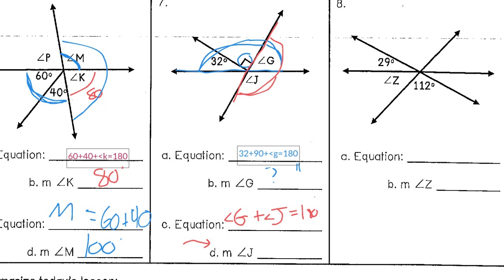Okay, similarly on number 8, if I add all these three together, I know that they would make 180 because they make this straight line. So my equation is going to be 29 plus Z plus 112 equals 180. So I'm going to set that up right now.